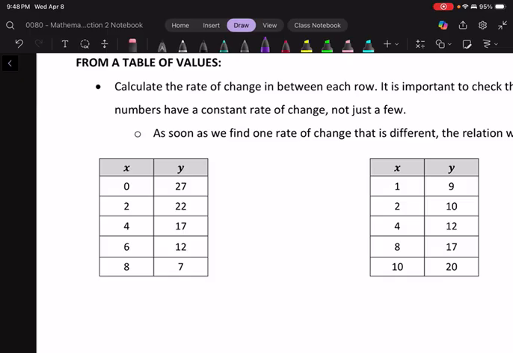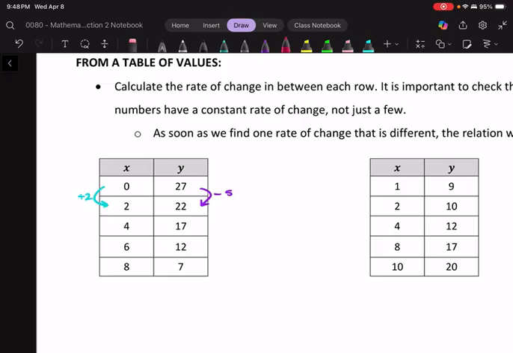But let's try that out here. We can look at each of these columns. So the x values, to go from 0 to 2, we have to add 2. To go from 27 to 22, we have to subtract 5.